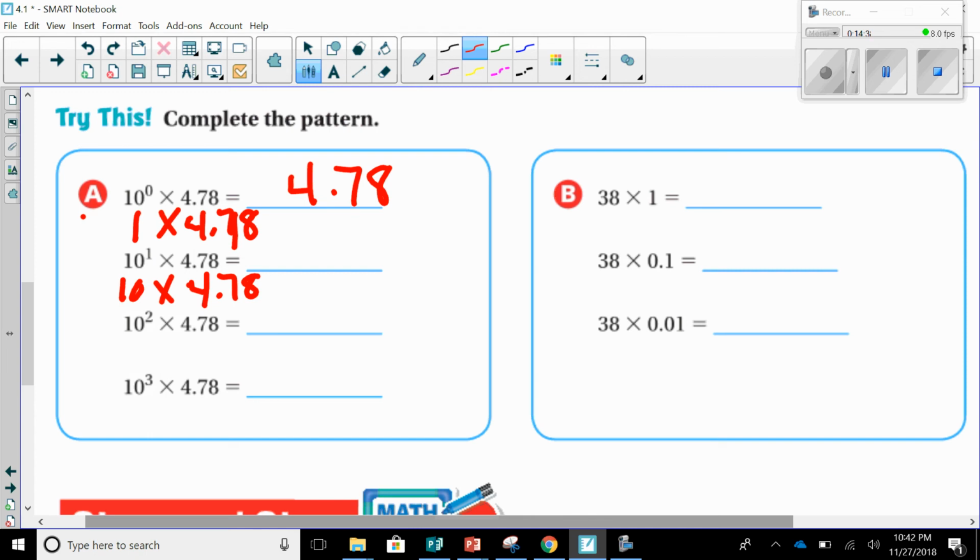So 10 to the power of 2 means that I'm putting two zeros, the same thing as 100 times 4.78. Then 10 to the power of 3 is the same thing as 1,000 times 4.78. Okay, it's just a shorter way to write it.